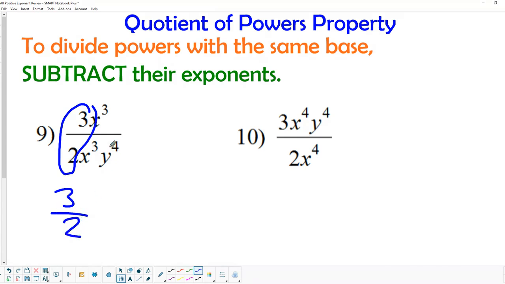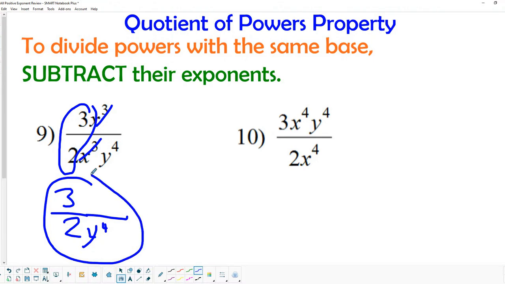Looks like that one's already simplified. Then as far as our x's are concerned, we have the same amount of x's on the top as we do the bottom, so they would cancel each other out. And on this one, we have no y's on top, but we do have y to the fourth on the bottom of this fraction, so we just leave that as is, and that would be that problem taken care of.